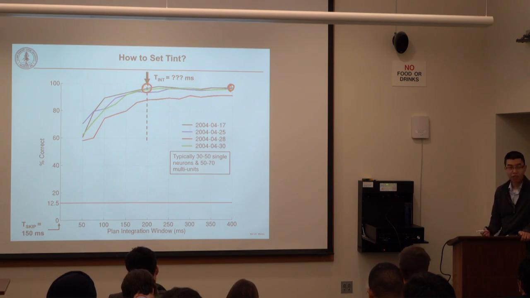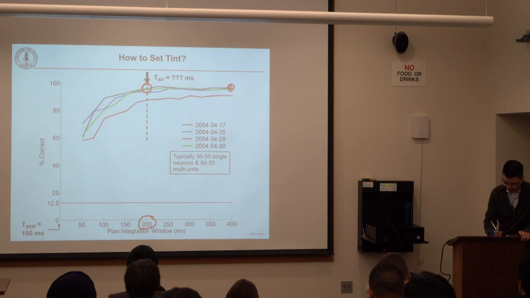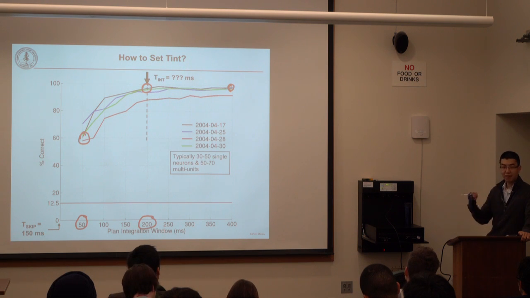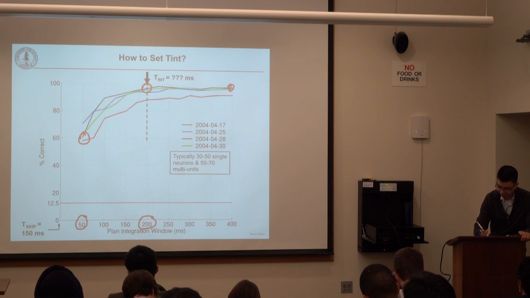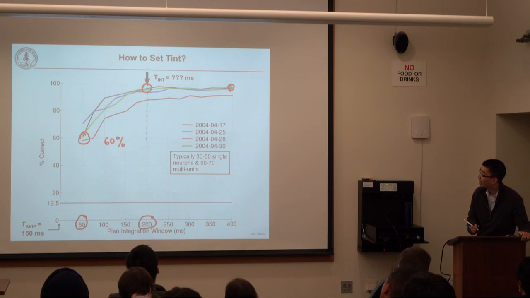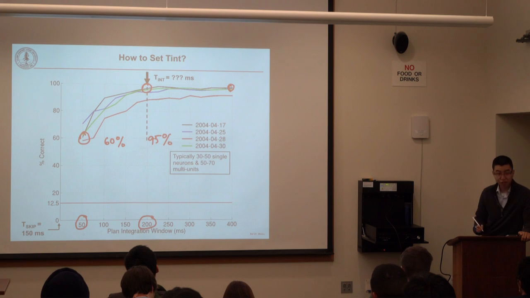The really interesting question is, do we pick a tint of 200 milliseconds, or do we come down to this area here and only have a tint of 50? This isn't immediately clear, because let's say at tint of 50, we had 60% accuracy, and at tint of 200, we had 95% accuracy. So it looks like we got a pretty big boost in accuracy, right?